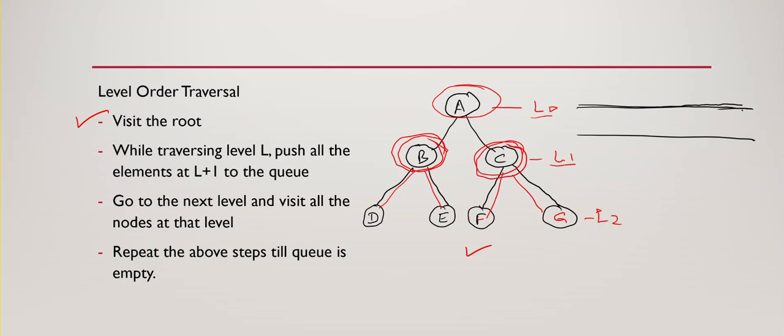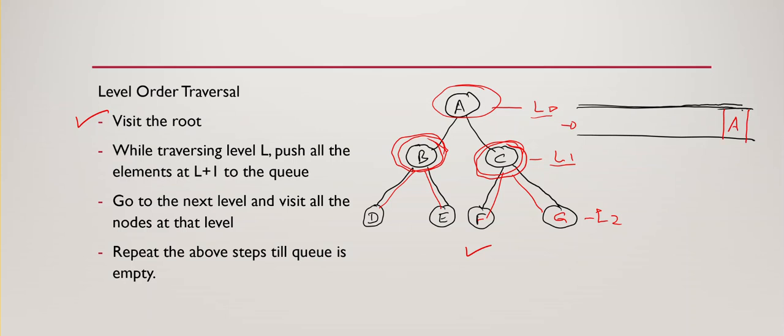So how this works is, initially to the level order traversal function, root node is passed, and what we do is we first of all insert root node A, and then we will try to traverse the node of A. The logic for traversing the node will be like, it will insert the child nodes that is at level 0 plus 1, that is level 1, to the queue.